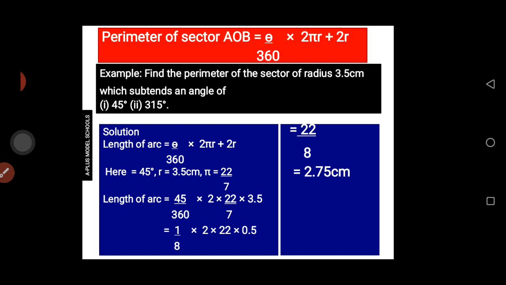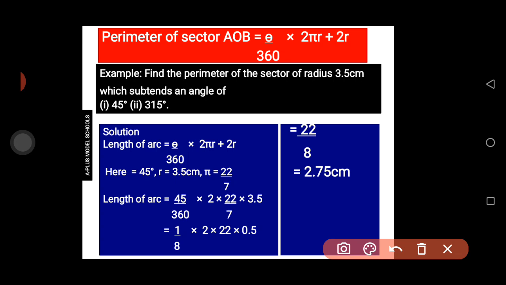3.5. So from there, don't forget our 2r. That will give us 7. Now, from here, 45 goes into 45 once, and 45 goes into 360, that is 8. So I have 1 over 8 times 2 times 22. Then my 2r, here I have 2r plus 2r. My radius is 3.5.